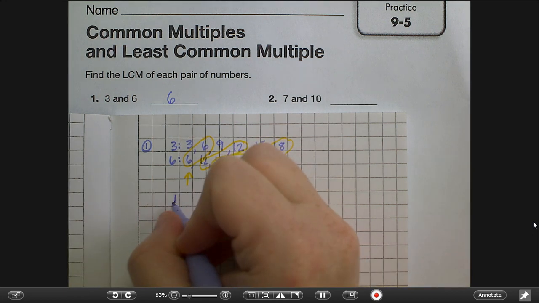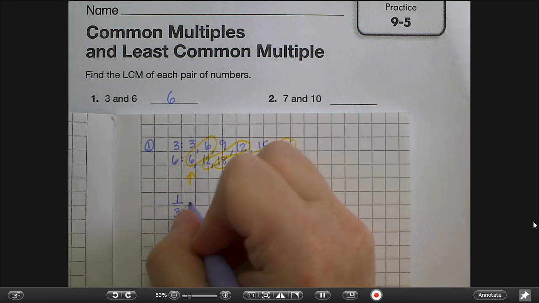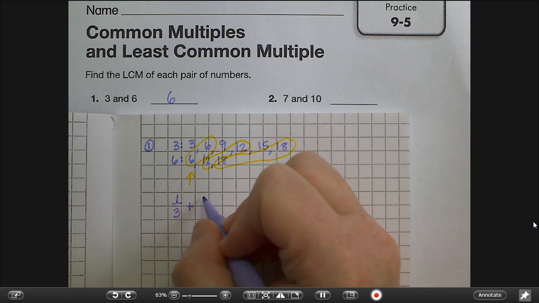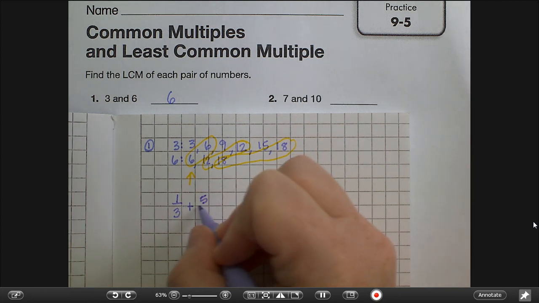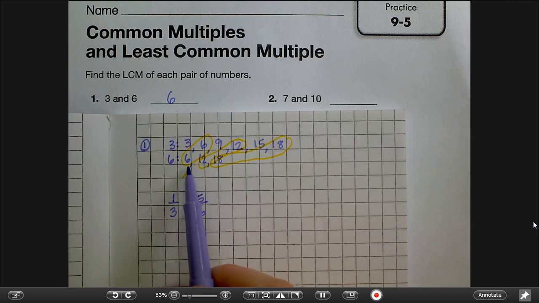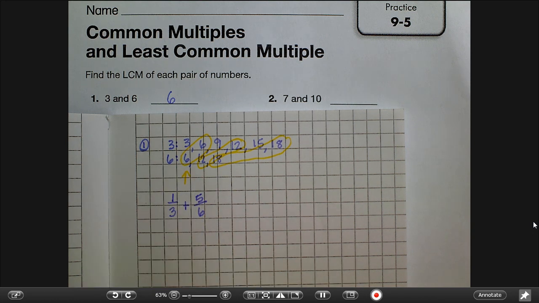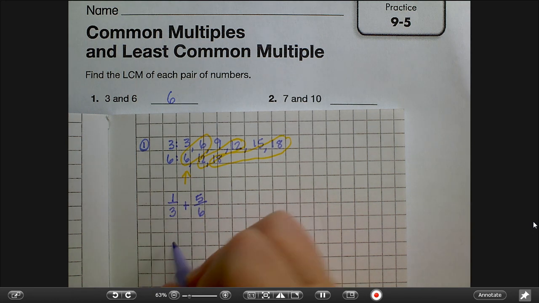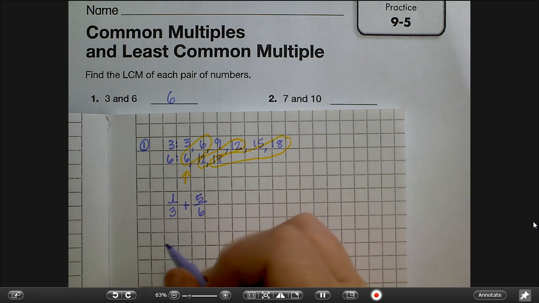Okay, so let's create our own question here. Let's say I had 1/3 plus 5/6. Okay, so I've already decided my least common multiple is 6, and so I will use that as my new denominator. So let me rewrite the question using 6.